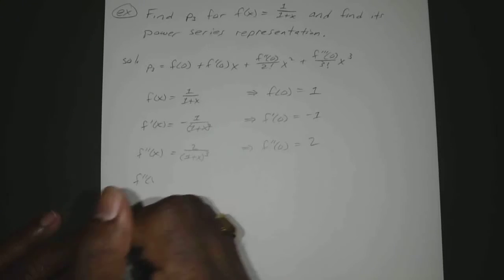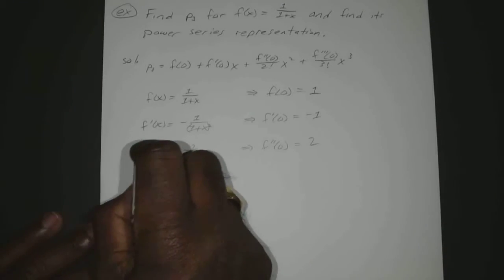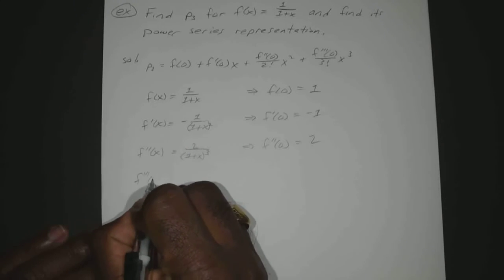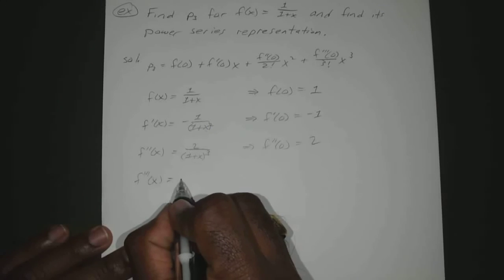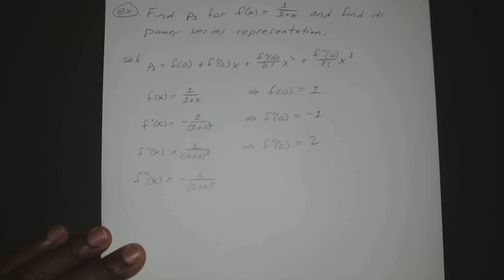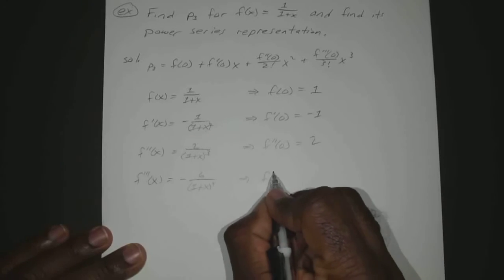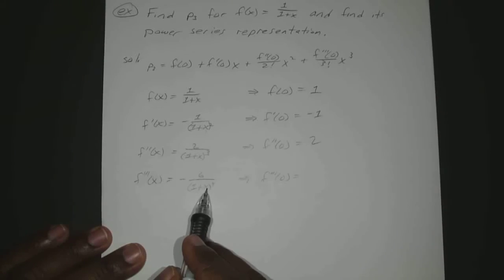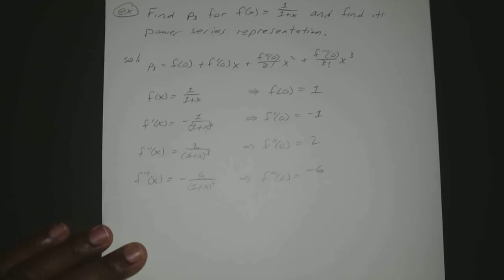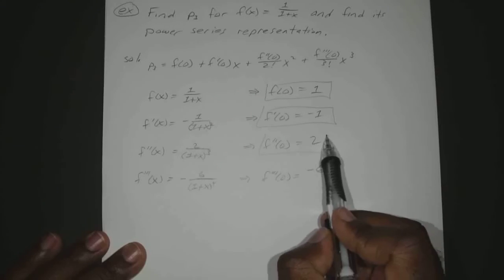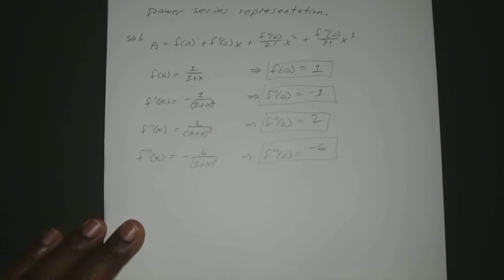Our third derivative of x is equal to negative 6 over 1 plus x to the fourth. Okay, so our third derivative at 0 is negative 6 over 1 plus 0 to the fourth, so it's just negative 6. Okay, so we have all of our f of 0s and derivatives at 0 that we're going to need.